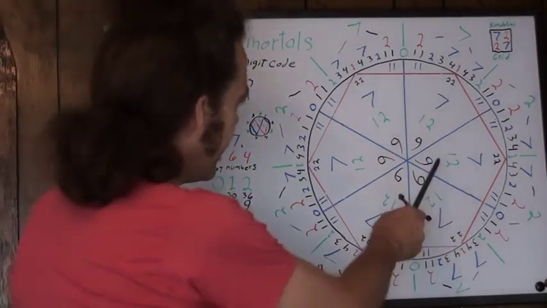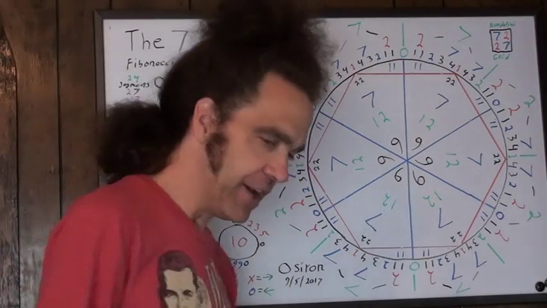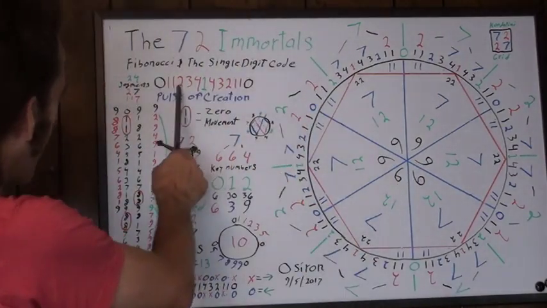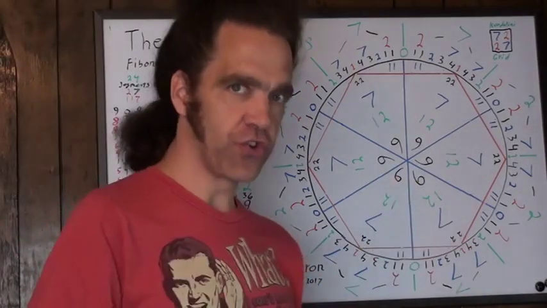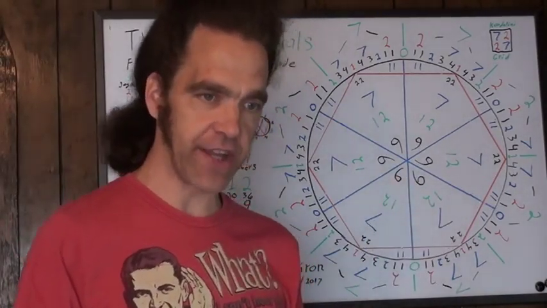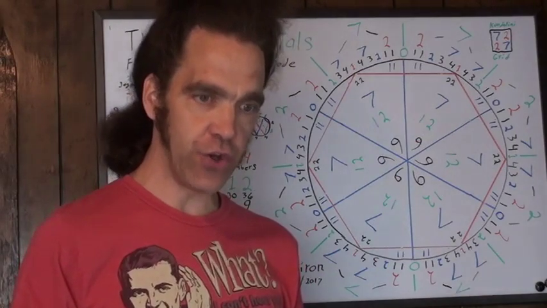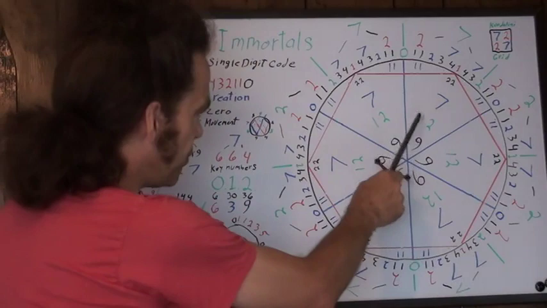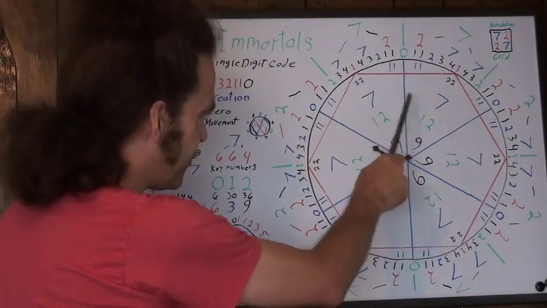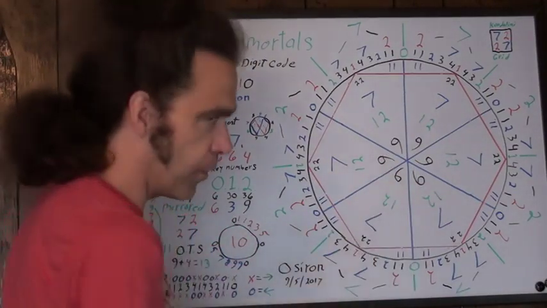What you see in this circle here is basically how this code, the pulse of creation, applies to a circle, in this case using 72 numbers. And 72 numbers gives you an even set of 6 segments of the code.